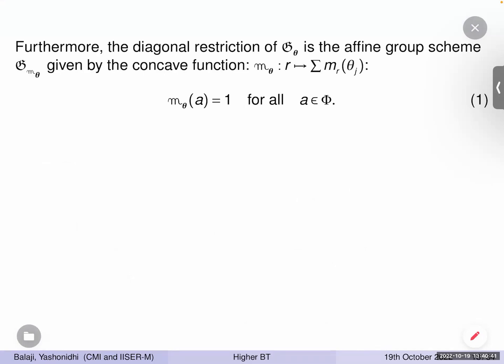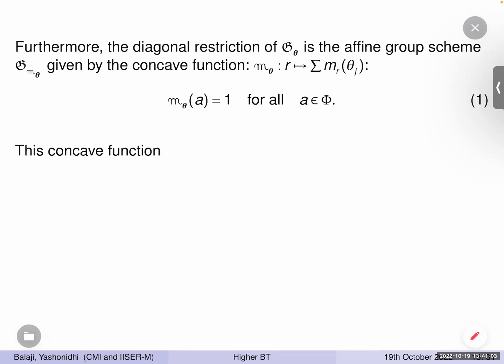Furthermore, the diagonal restriction of G_theta is the affine group scheme G, which we will denote M_theta, given by a very simple concave function which takes value 1 for every root, and there are only 2 of them, a and minus a.